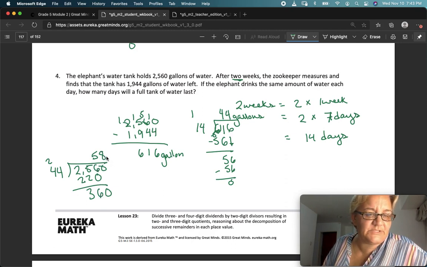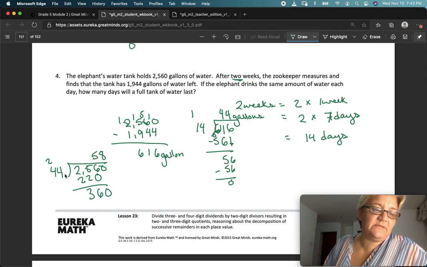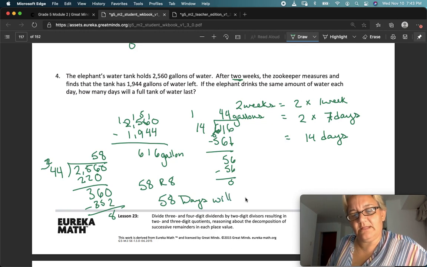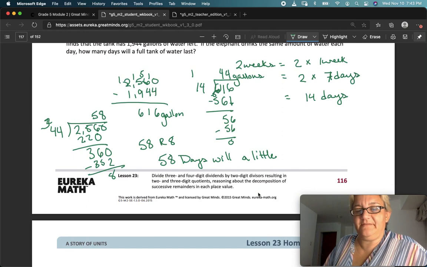I'm not sure what I did. Okay, 8 times 4 is 32. Carry the 3. 8 times 4 is 16, 32, 33, 34, 35, with 8 left over. So 58, remainder 8, so 58 days with a little left over.